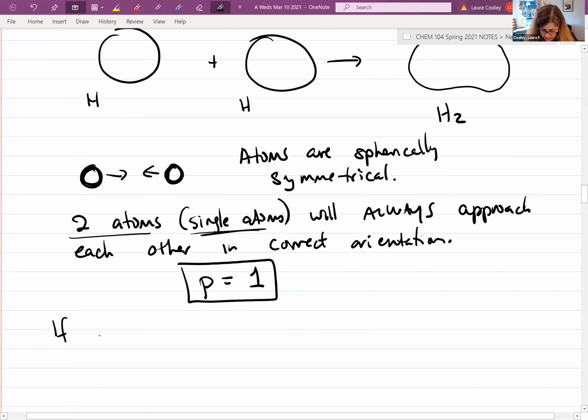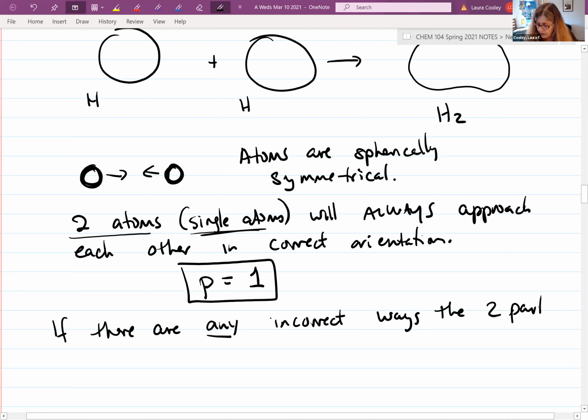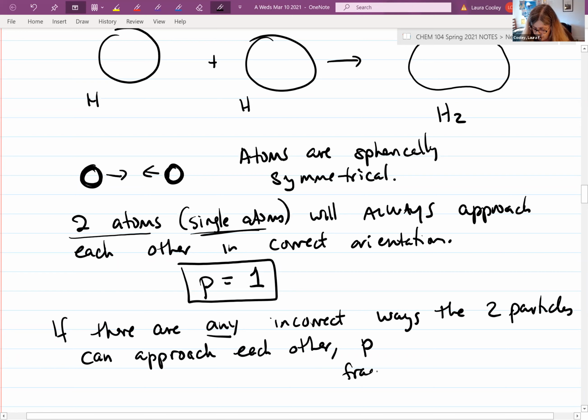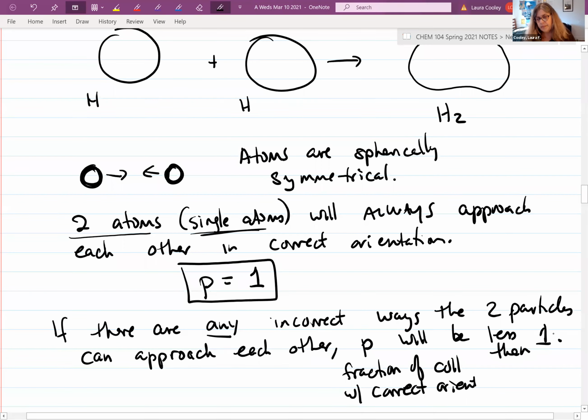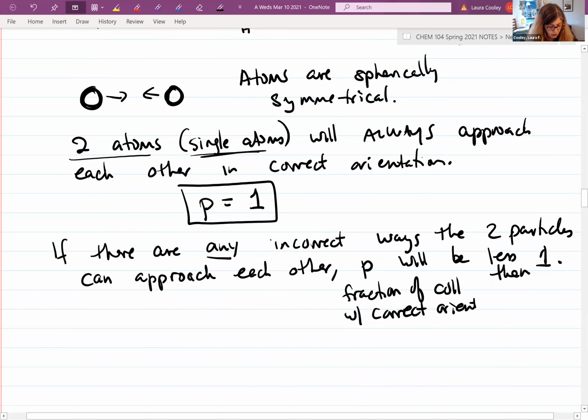If there are any incorrect ways the two particles can approach each other, then this P, this fraction of collisions with the correct orientation, will be less than 1. So in most cases, it's going to be less than 1.